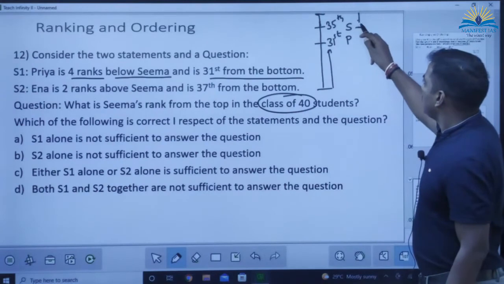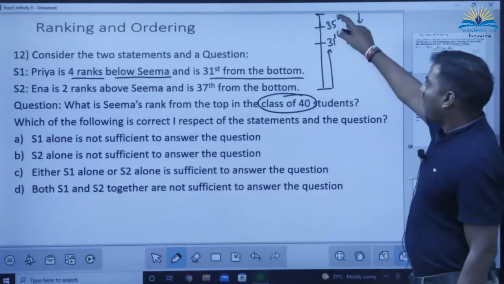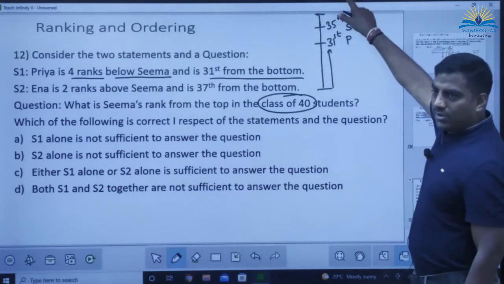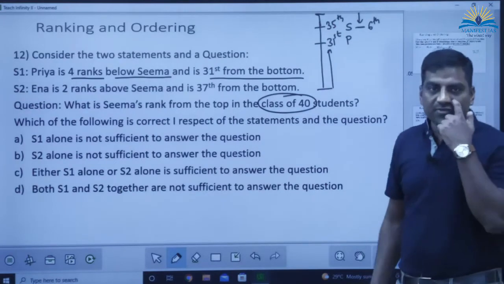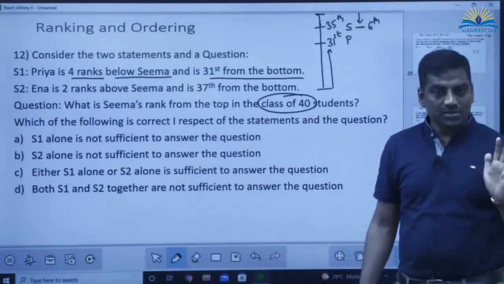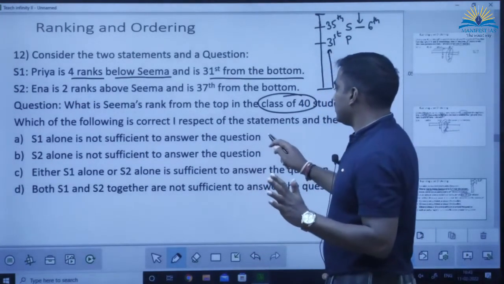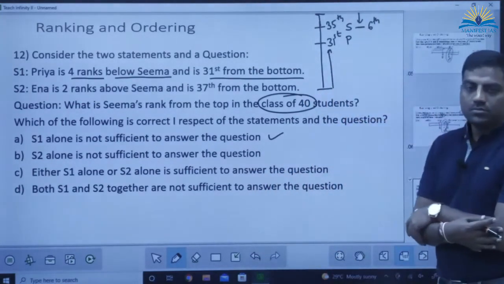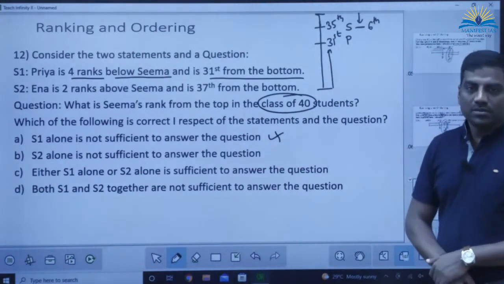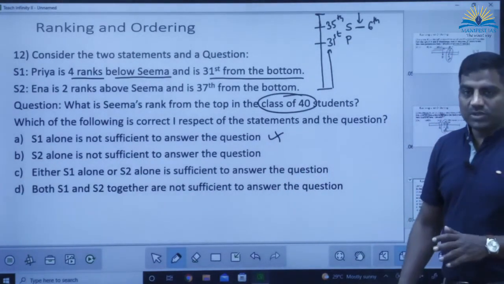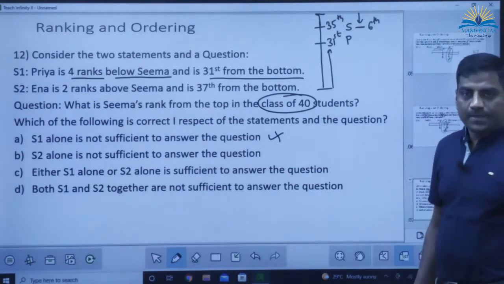From the top, after her, 5 people are there. So she is 6th. Seema is 6th from the top. Can we answer this question? Yes, S1 alone can answer the question. If they say S1 is not alone sufficient, actually it is sufficient, so we discard that option.